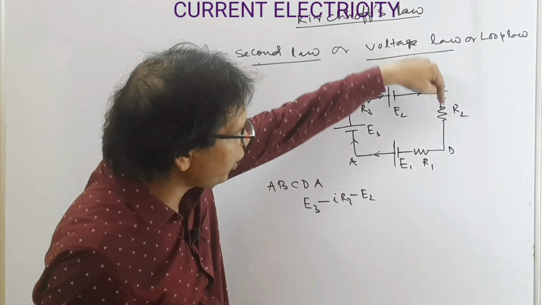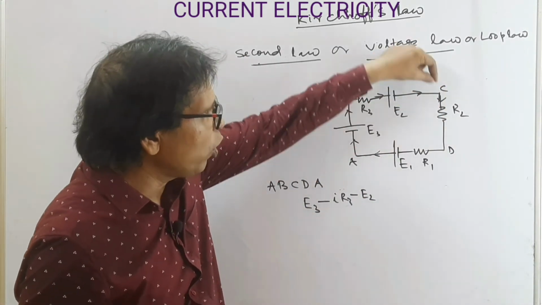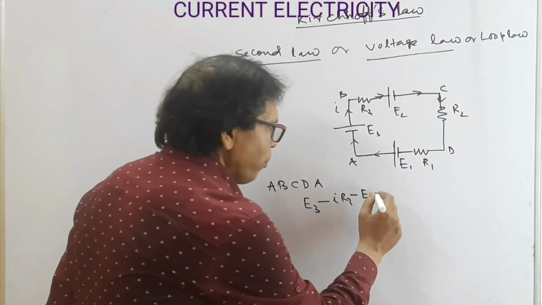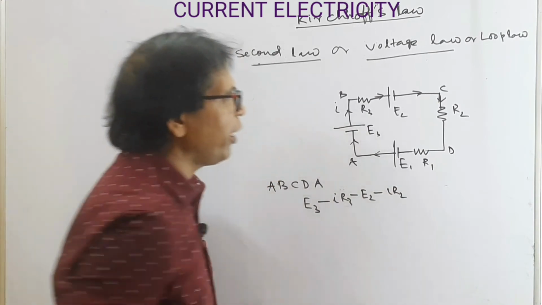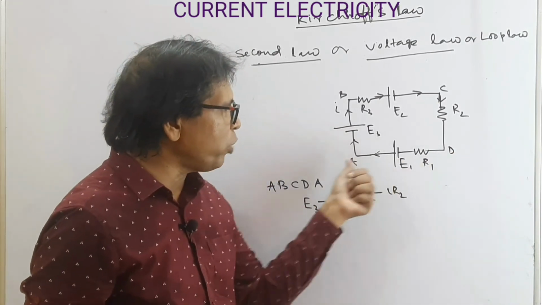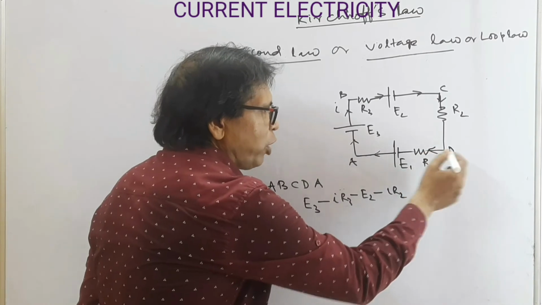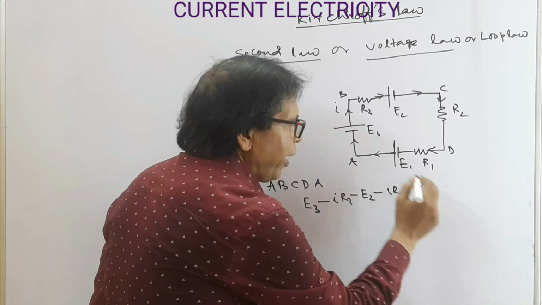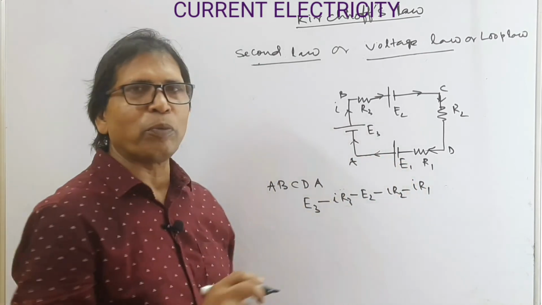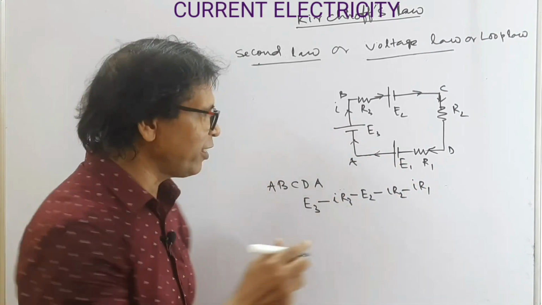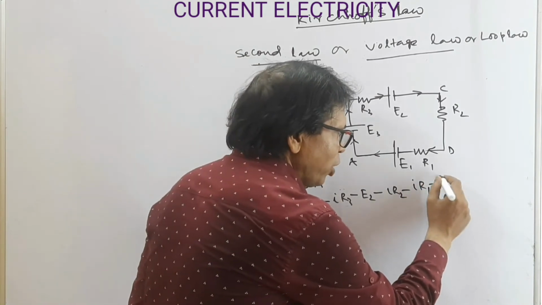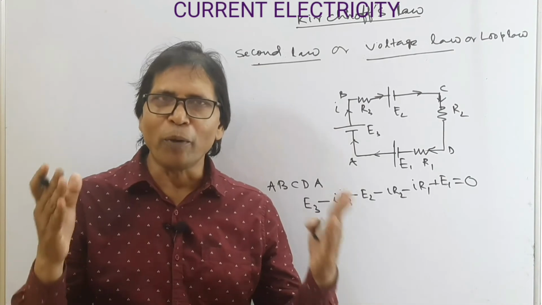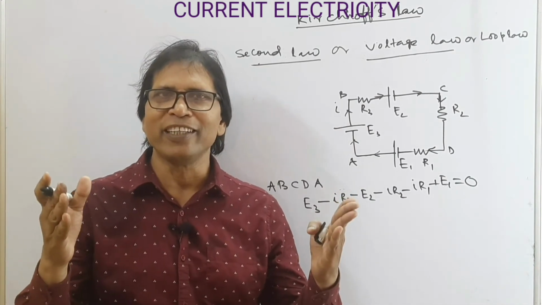Now from C to D, that is in the direction of current, so minus IR2, negative. Again from D to A, in the direction of current, so this is minus IR1. And again from negative to positive potential, the potential rises, so this is plus E1, and this is equal to 0. Okay. This law is obtained from conservation of energy.